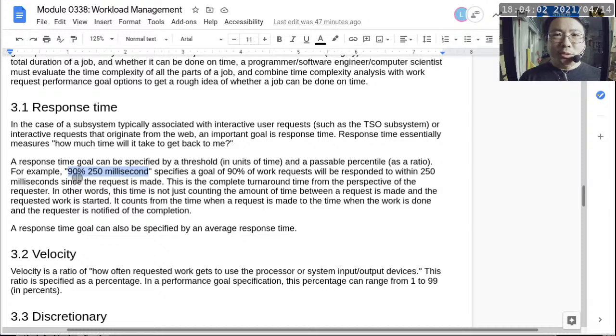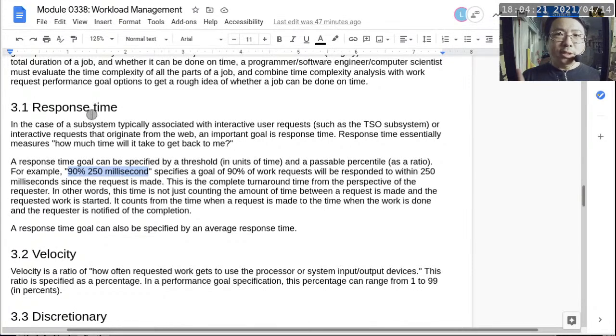The other way to specify a response time goal is the average. You're basically just saying, on the average, we want the response time to be 250 milliseconds. So you can do it one way or the other. And that's for response time.